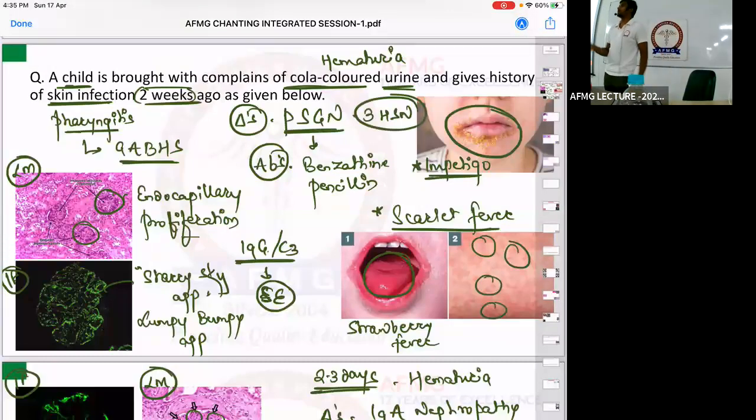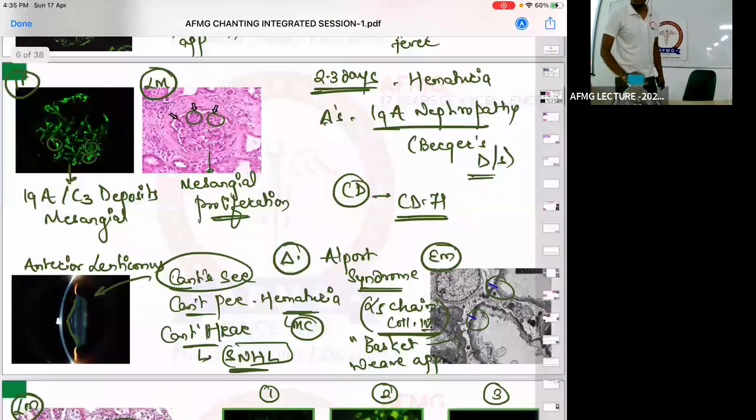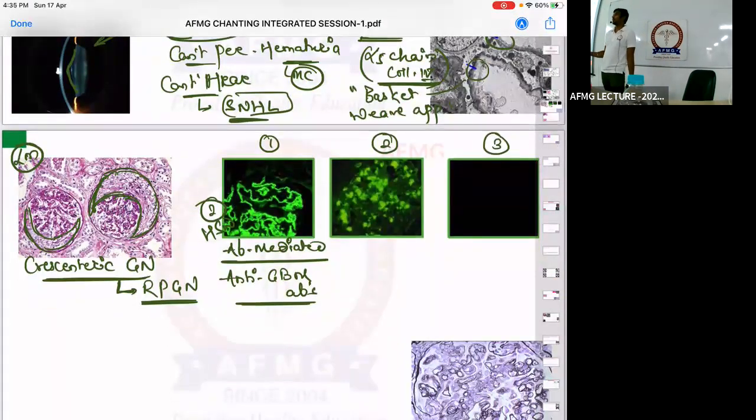No issues with this. PSGN and IgA nephropathy are type 3 hypersensitivity. Whereas type 1 RPGN, that is Goodpasture syndrome, if in the options you have type 2 and type 5, which will you mark? You will mark type 5. It is a subtype of type 2, but it is more specific for Goodpasture.